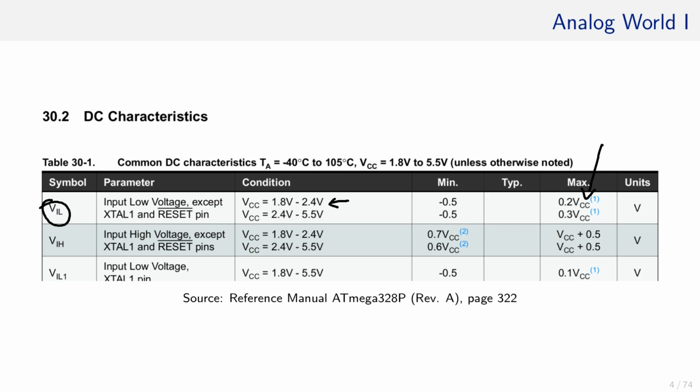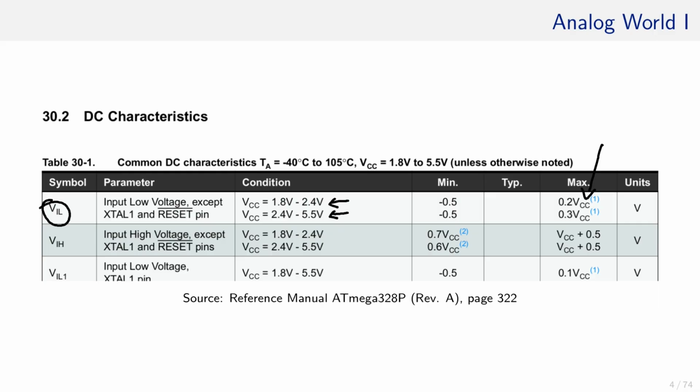Hence, at 2.4 volt, the highest voltage that is still ensured to be read as 0 will be around 0.5 volt. It is a bit more for higher VCC. For the Arduino supplied with 5 volt through the USB port, it will be 1.5 volt that is still read as logic 0.